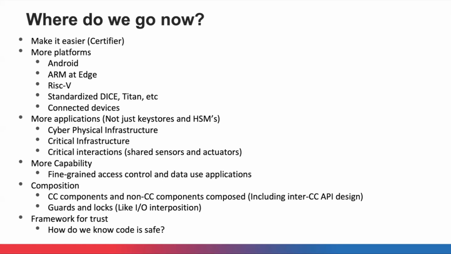There's a new technology coming from ARM that I expect to port to quickly. RISC-V, in addition to Keystone, which is an early version of this, has some new stuff coming out. We hope other platforms come around and hopefully use standard roots of trust like DICE and all that stuff. We really want more applications.